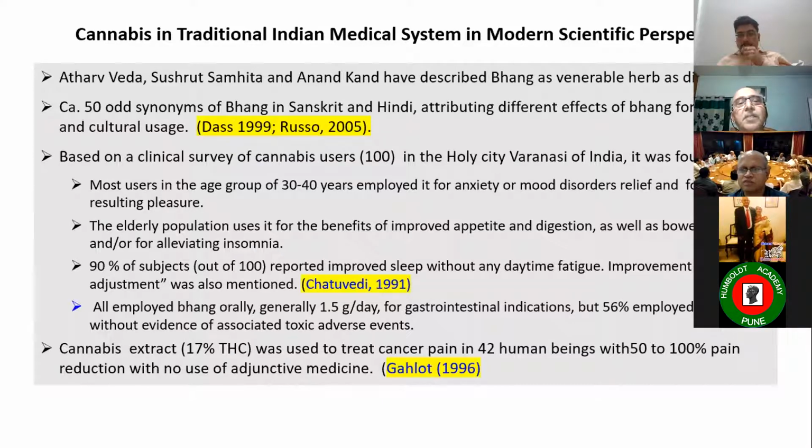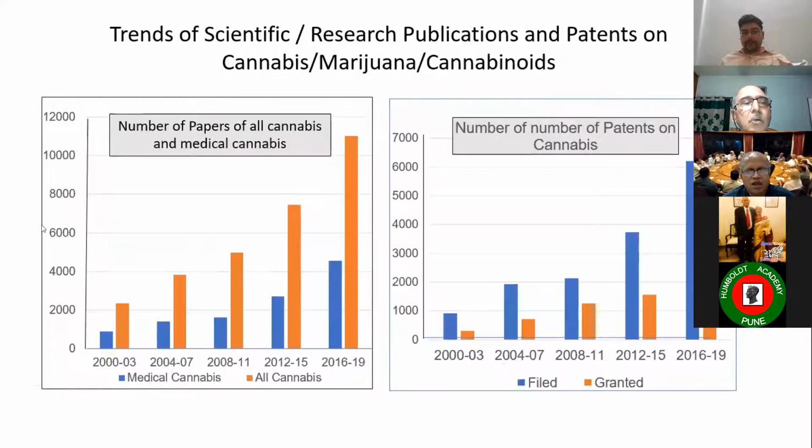This is where the trends I tell you, and you see the number of papers I have given in blocks of 4 years, and you see after 2012 the legalization started, and there is a significant jump post 2012, 15, and now it is 19.